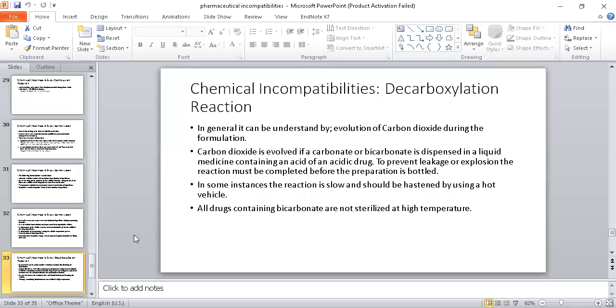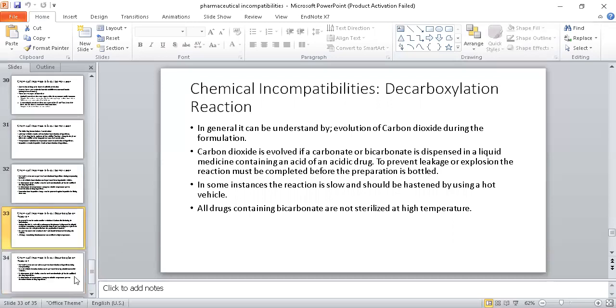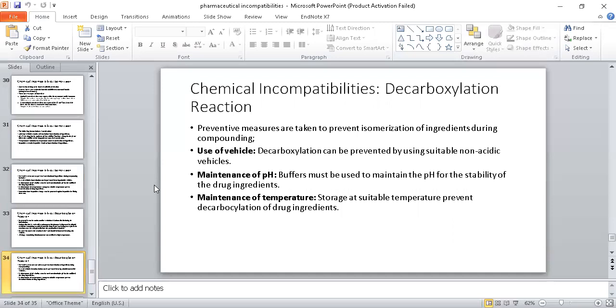To prevent leakage or explosion, the reaction must be completed before the preparation is bottled. Preventive measures taken during compounding: use of vehicle, maintenance of pH, maintenance of temperature.